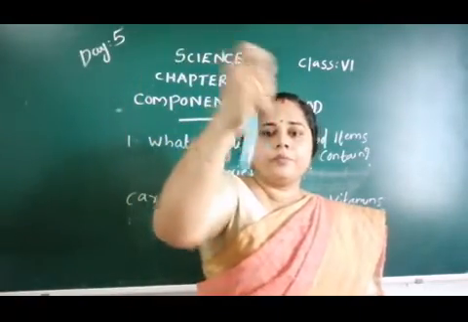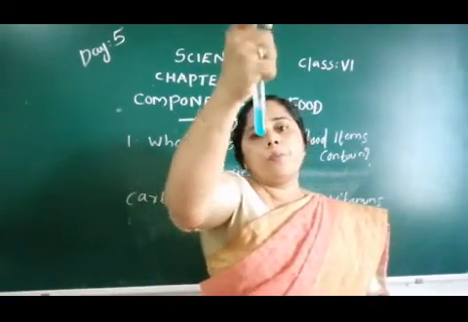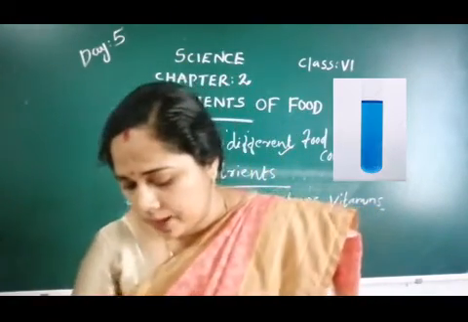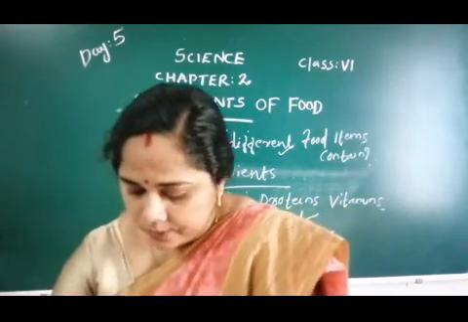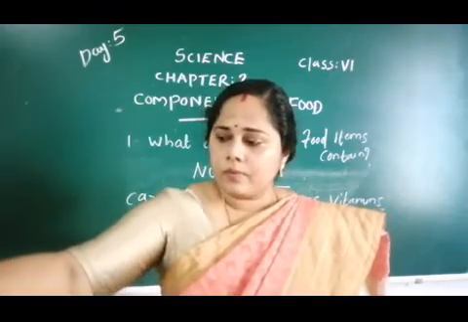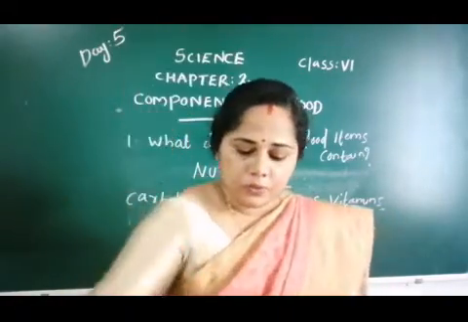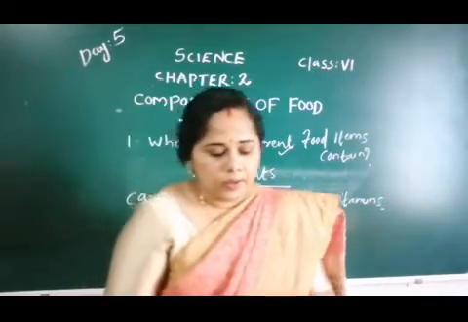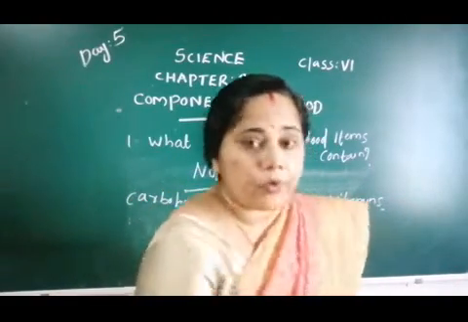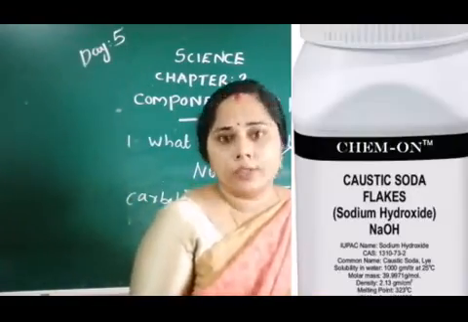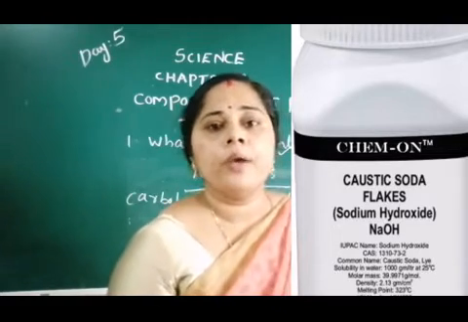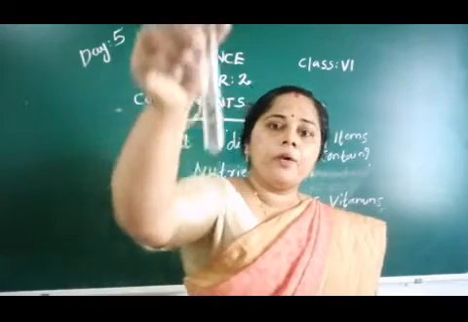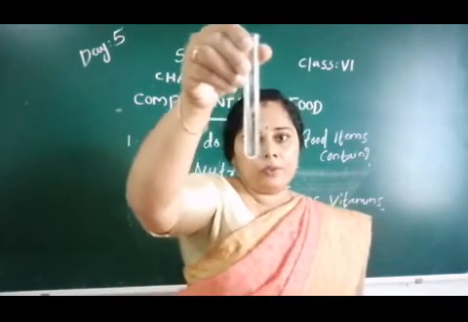Can you see? We can prepare copper sulfate solution. This is the sample of copper sulfate solution. And then caustic soda. For that, take 10 gram of caustic soda in a test tube, add 100 ml of water and shake. I already prepared a caustic soda solution for you.